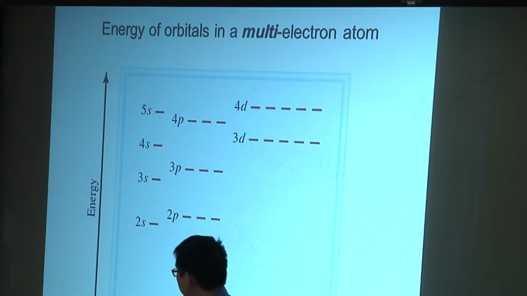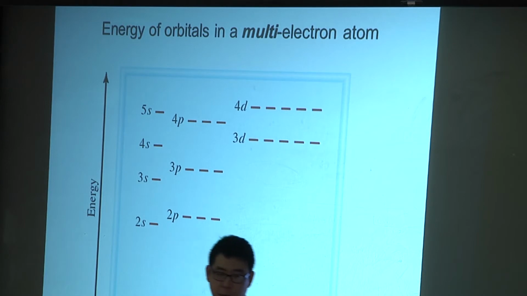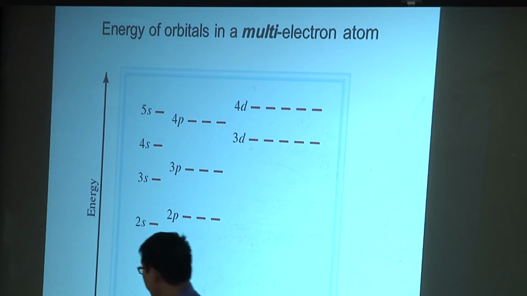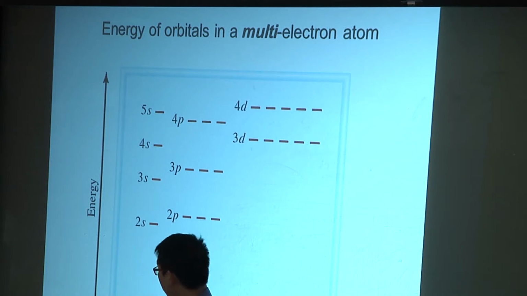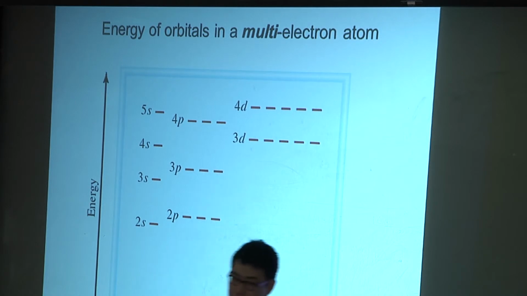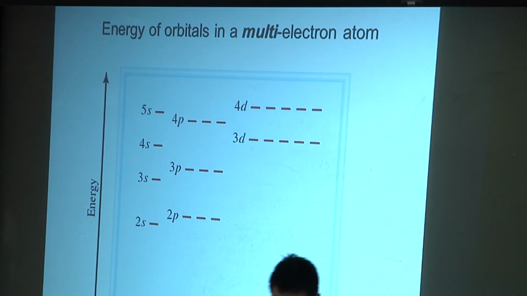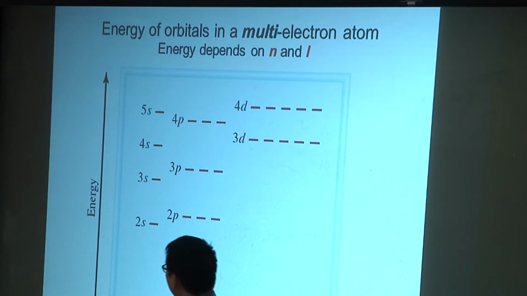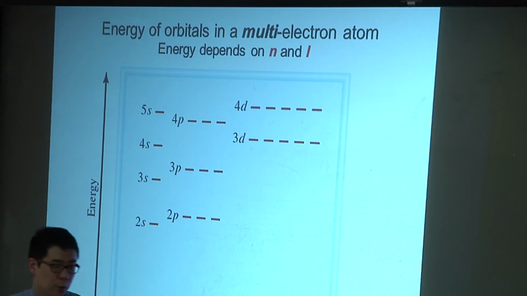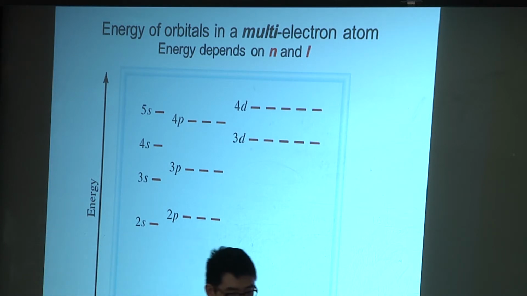The biggest contribution generally comes from the principal quantum number n, which refers to 1, 2, 3, or 4. But the l, s, p, d, plays a role as well. And so the energy of the electron depends on n and l.